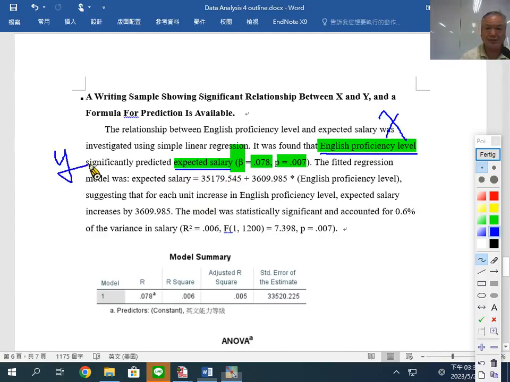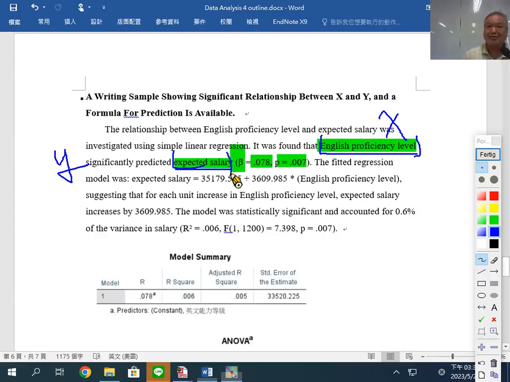So one change of the standard deviation for X will make a change of 0.078 change of Y. That's it. It just means that, okay? So let me say that again. One change of the standard deviation of X, here in this case English proficiency level, will make a change of 0.078 standard deviation of expected salary.